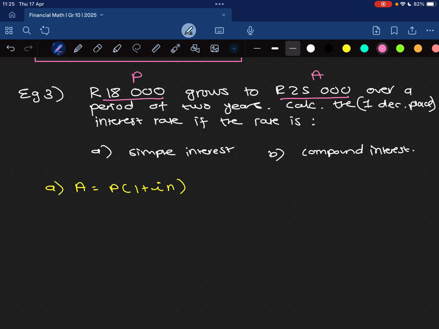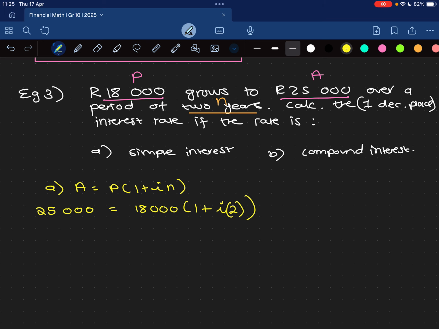Okay, that should be quite easy to identify. And we can see that the period is 2 years. So I'm going to put all that information in. I have 25,000 is equal to 18,000 times 1 plus the interest, which I'm calculating, and the period, which is 2.